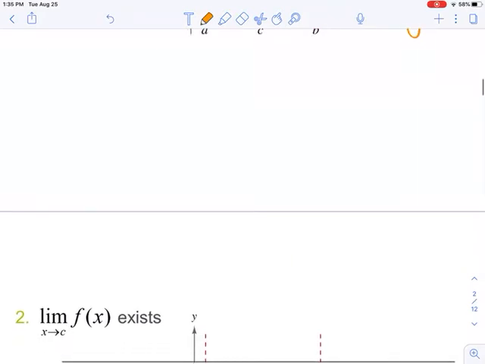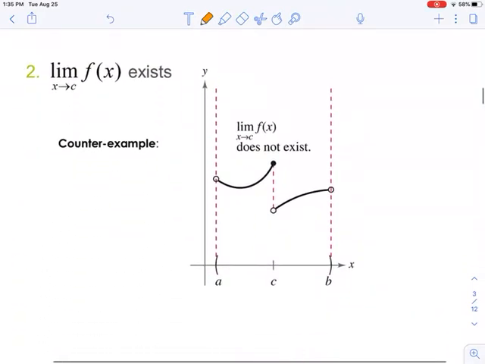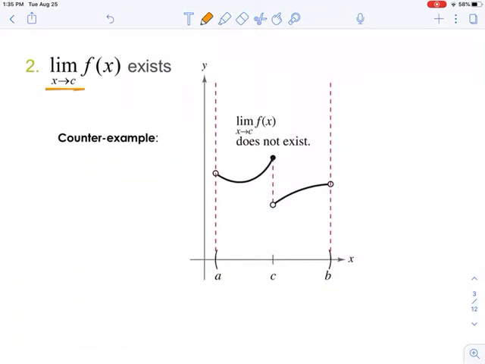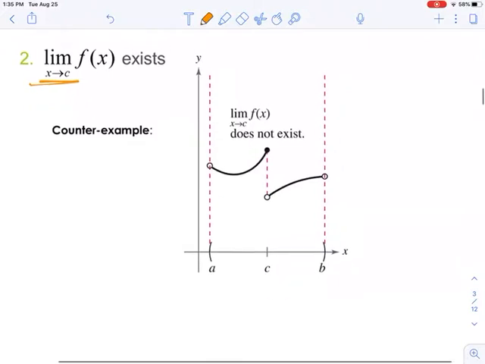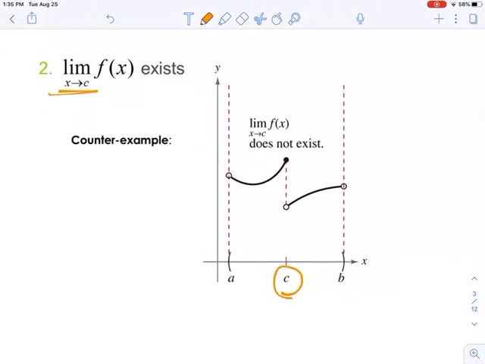Okay. Now the second stipulation is that the limit needs to exist at c. This one is a lot more obvious to pick out. Stipulation number 2, the limit needs to exist. Here is our x value c, and you can see that the limit from the right is different from the limit on the left, and so it causes a break.